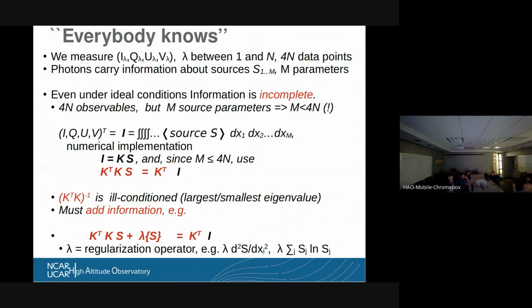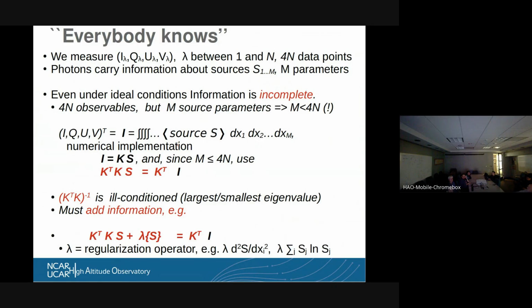We're not doing real coherent spectroscopy here like in the lab, where you can take individual photons and track these things. We've got ensembles of these things. They're randomly phased in natural objects. They're not all in phase, except in one case, which is maybe a maser or a laser. And so we've got an ensemble of things that lead to some mix of linear and circular polarization and just intensity. And we know that the photons carry information about our sources.